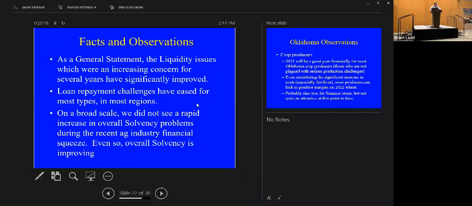Going back to just more down to earth on the farm financial measures, for the last several years, we've been really worried about liquidity. Do we have enough cash to pay the bills? We haven't been all that worried about solvency, but we've been very worried about liquidity. Those issues have been dramatically mitigated as a general rule over the last year and a half.